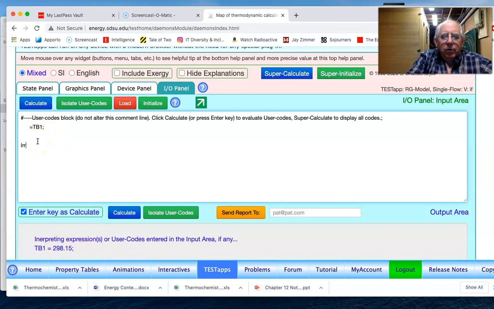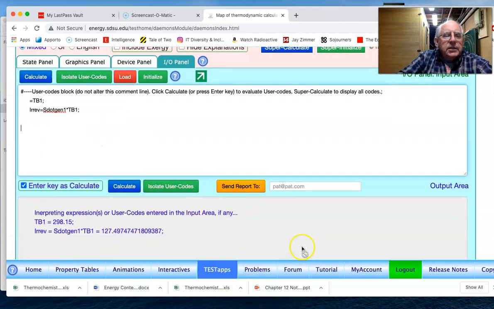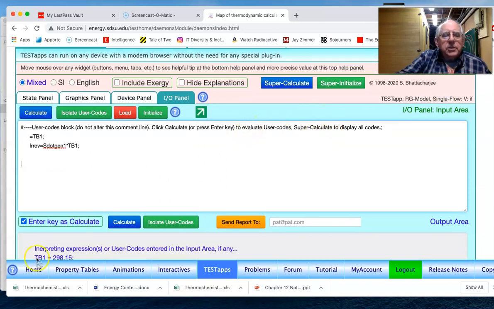And so our irreversibility is going to be equal to the value of that S dot gen associated with the first device panel times TB1. That then gives us the irreversibility. Instead of units of kilowatts per Kelvin, it's now in kilowatts. And so it's 127.5 kilowatts, our irreversibility associated with this particular process.